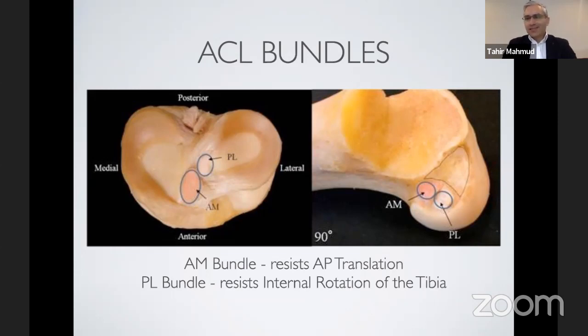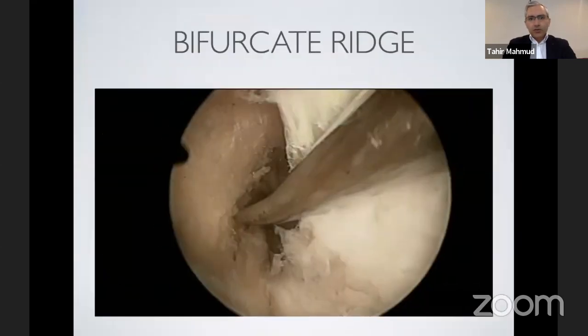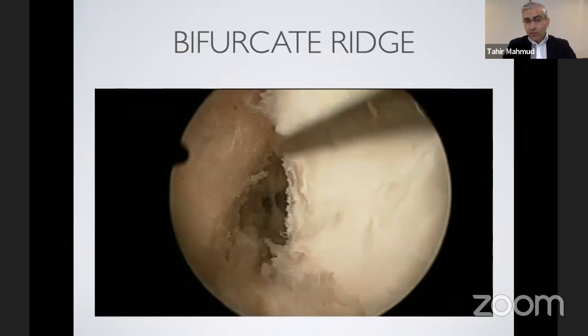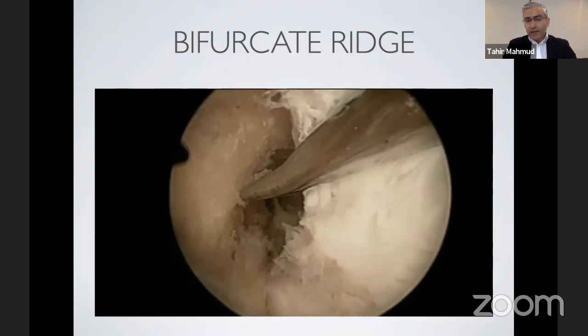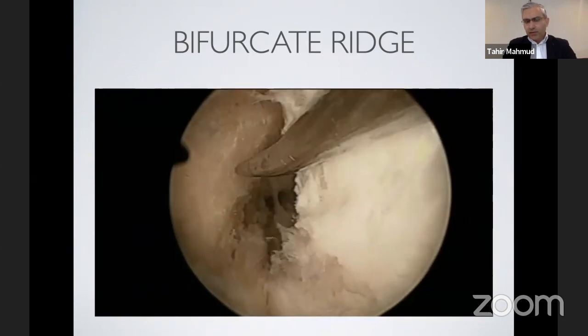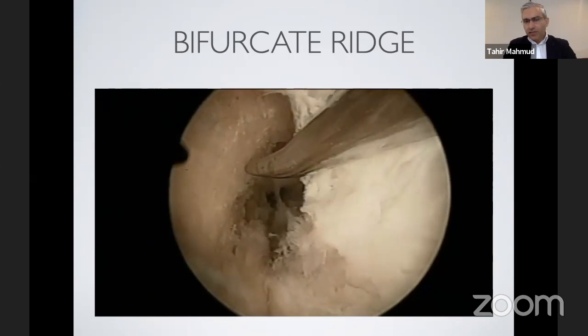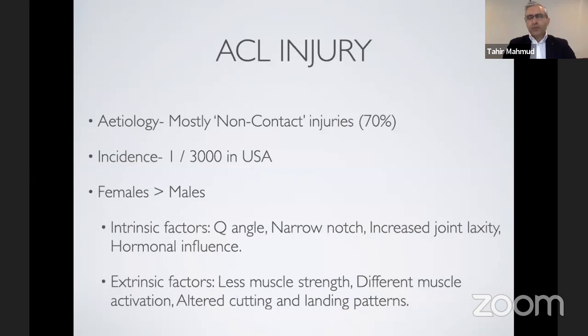This helps us understand how each bundle works with respect to controlling anterior translation and controlling internal rotation of the tibia. This is an arthroscopic video at the time of ACL surgery. We see the PCL at the back, and I'm identifying the bifurcate ridge here, which is a bony landmark which we use to delineate the AM bundle and posterolateral bundle insertions, and to help us identify where we're going to place our femoral tunnel.